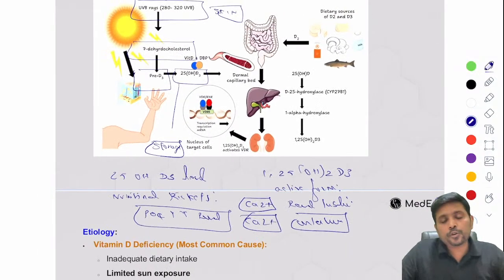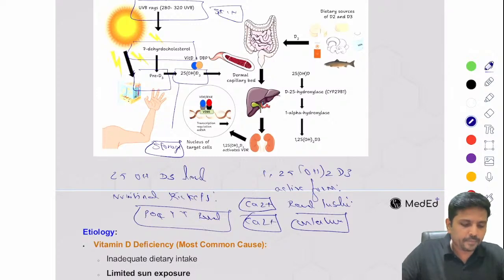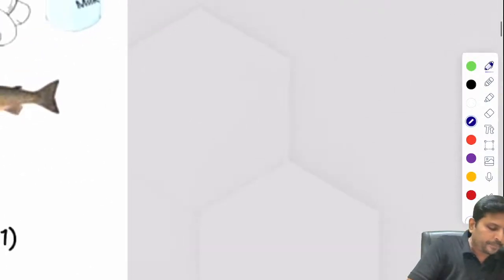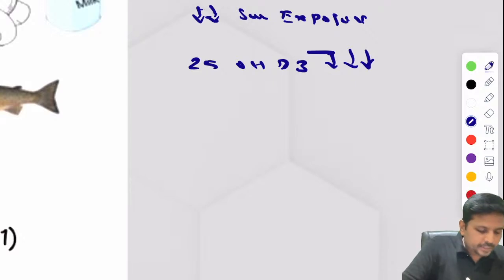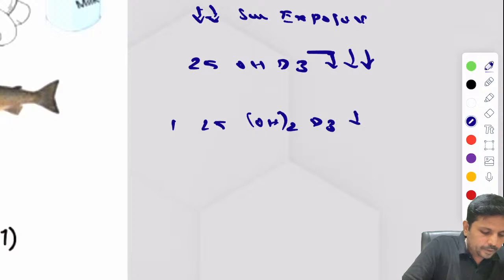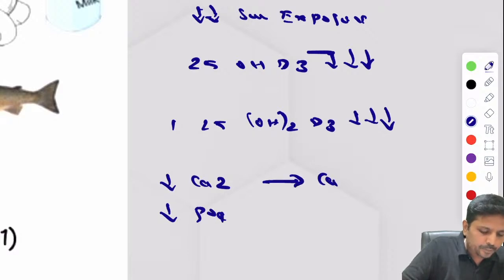So whenever there is no vitamin D, whenever there is poor sun exposure, 25 hydroxy D3 formation will be low. This in turn leads to low 1,25 dihydroxy D3 levels, and it leads to low calcium absorption and low phosphorus absorption, so it leads to hypocalcemia and hypophosphatemia.